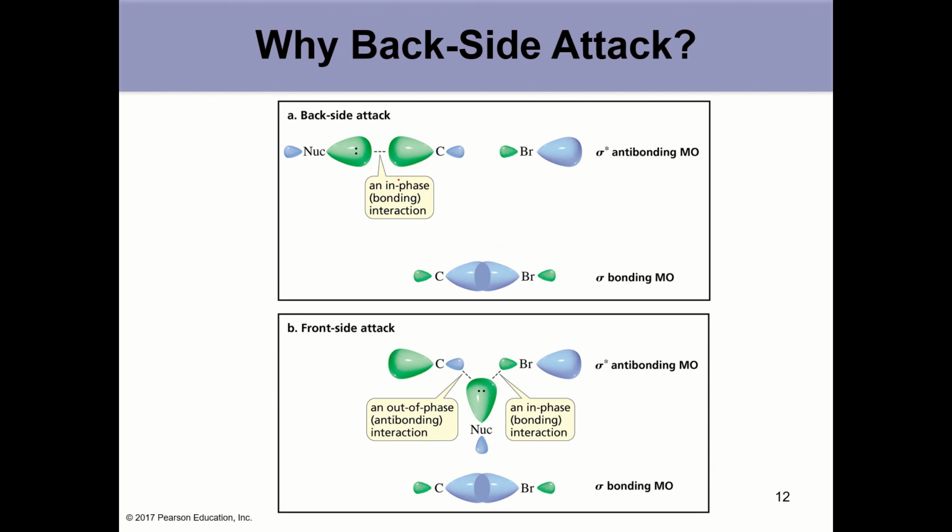And when the nucleophile is donating electrons, it's donating them from its highest occupied molecular orbital. So the nucleophile only has in-phase interaction with the electrophile's LUMO when the nucleophile has a backside attack on the LUMO of the electrophile.